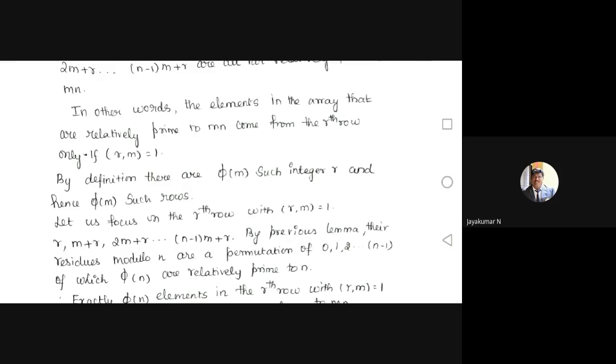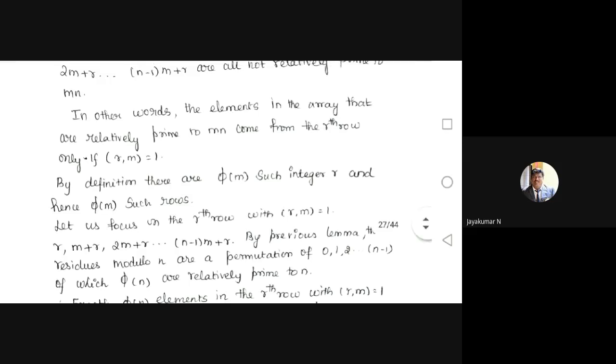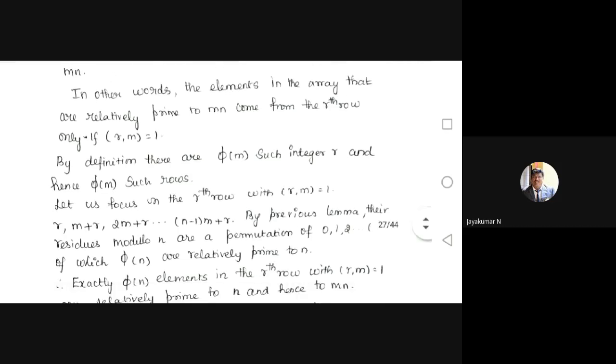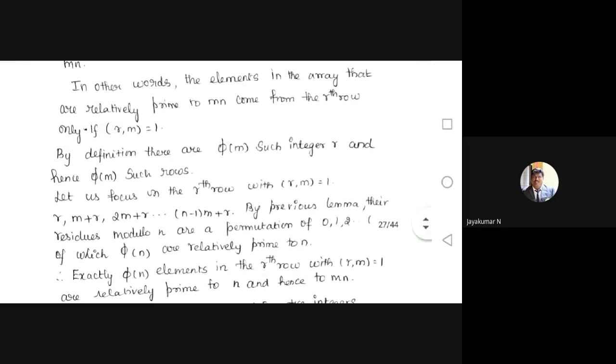So the count is phi of n, which are relatively prime to n. So in the rth row, the number of elements is n minus 1. Actually, n minus 1 means phi of n.